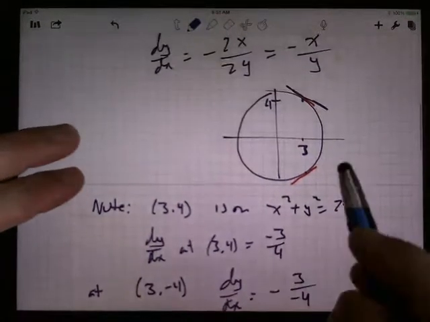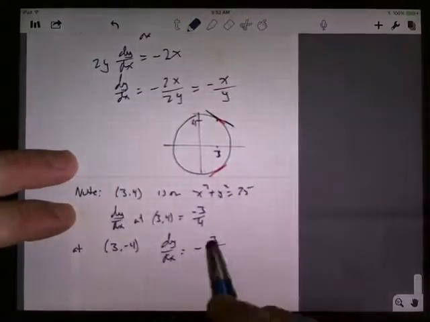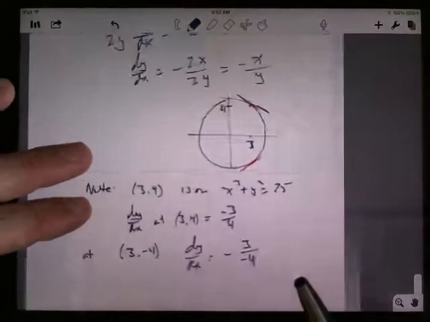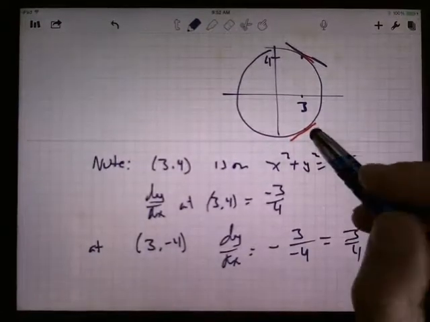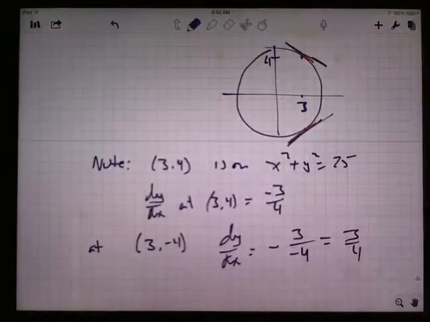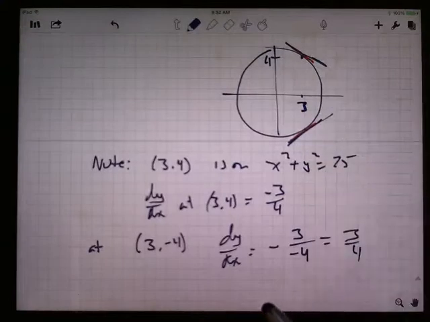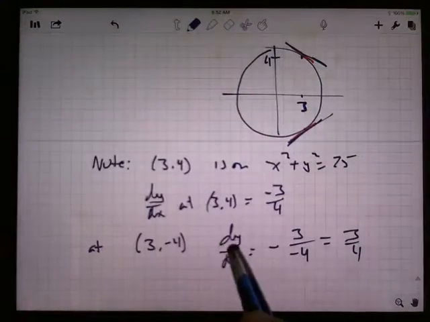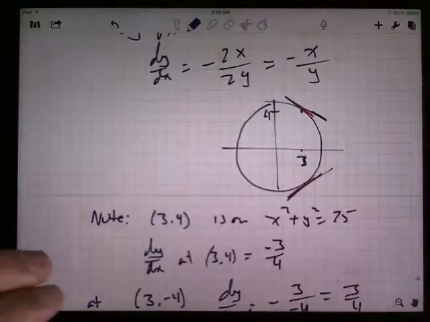I got the slope is negative x over y. My x is 3. My y is negative 4 with a minus sign out front. And so there we go. This is 3/4. And sure enough, that is a positive slope right down there, where it was a negative slope up here. Okay. It takes more than just the x-coordinate to figure out what the slope is, because it may depend both on x and on y, but that's all right. The formula that we got for calculating the slope did depend both on x and y.